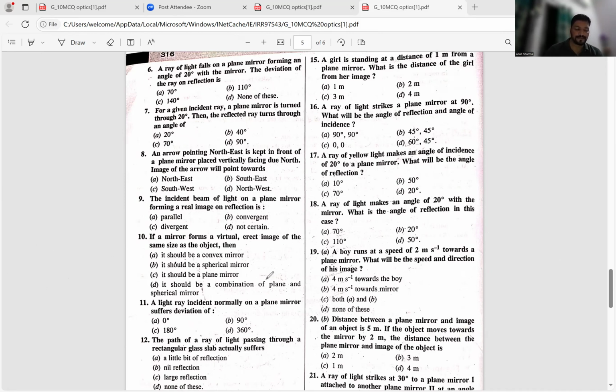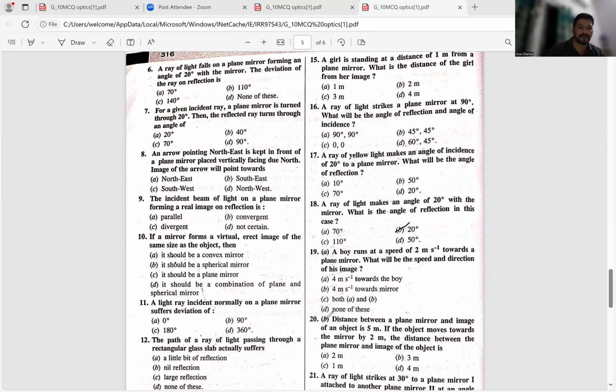That is also 20, because the angle of incidence is equal to the angle of reflection. Law of reflection. So this is the level of 10th.